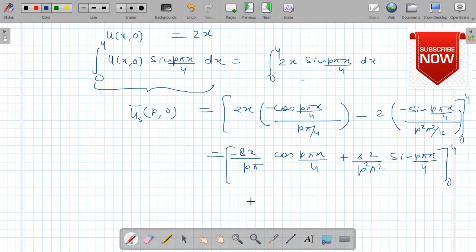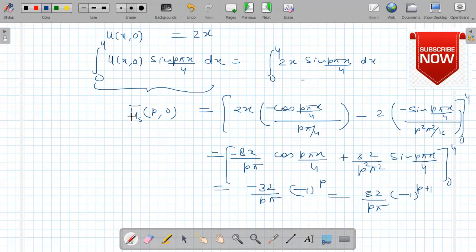Now we apply the limits. So we have minus 32 over p pi into minus 1 raised to the power p, because cos of p pi is minus 1 raised to the power p, the sine p pi is 0, and at the lower limit both will be 0. So we have this 32 over p pi into minus 1 raised to the power p plus 1.